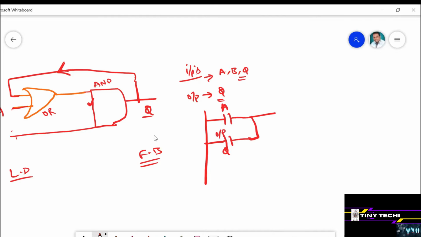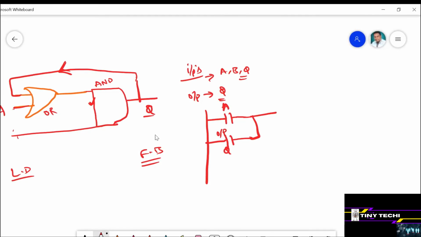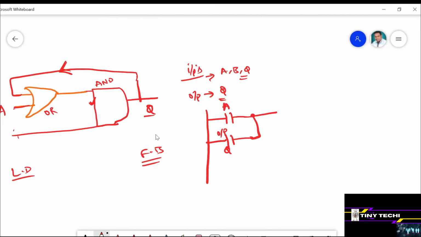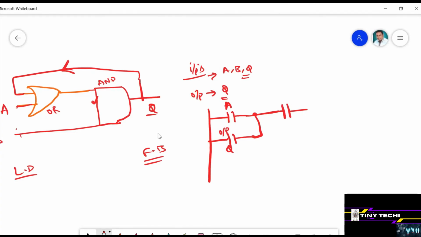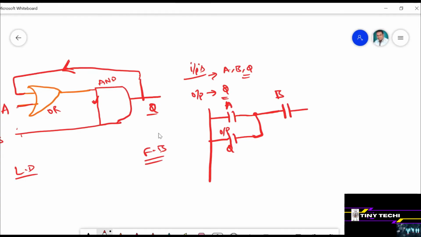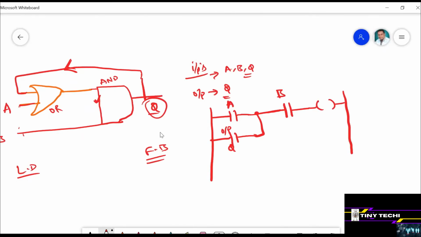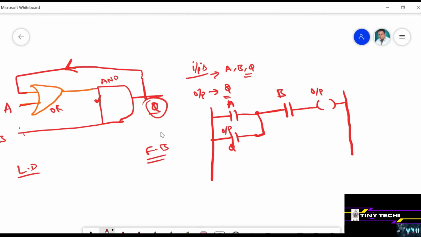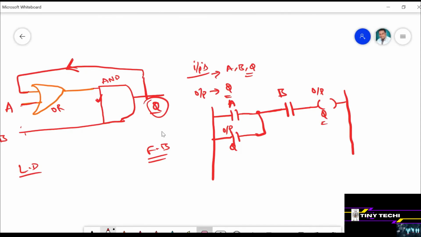Parallelly we connect this OR gate, and this is the output of the AND gate. The output of the OR gate and B are connected to the AND gate, so we connect B serially here, and for the output of the AND gate we connect Q. This is how we can implement the ladder logic.